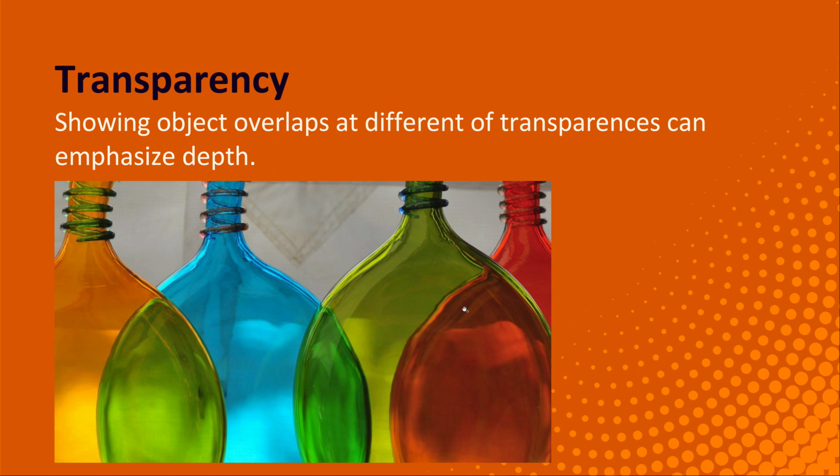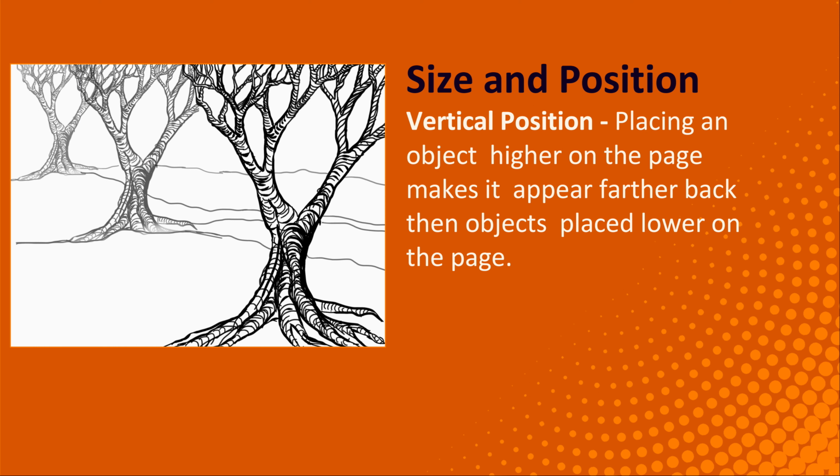You can tell that these two glass bottles are in front of the blue and the red glass bottle, and the transparency with that overlapping emphasizes depth. And even where this corkscrew-ish element, whatever you would call that, is on the neck of the bottles, the transparency changes as it goes in front and behind the neck. So we can use overlapping and transparency to emphasize depth.